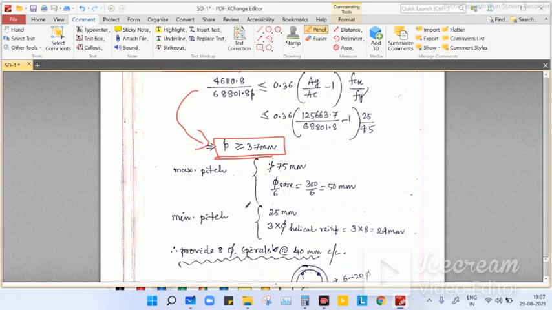The maximum pitch should not be greater than 75 or core diameter by 6, that is 300 by 6, and the minimum is 25 or 3 times the spiral diameter, that is 24. So from these 4 conditions, provide 8 diameter spirals at 40 center to center, because it should be at least the minimum and not greater than 75. So we will provide 40.